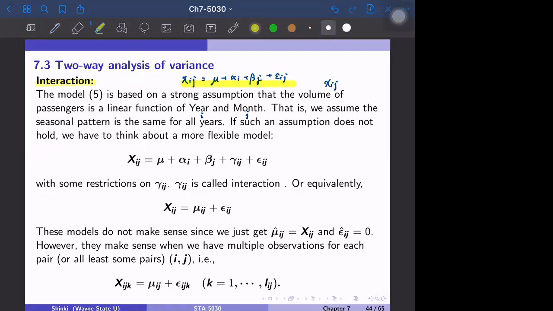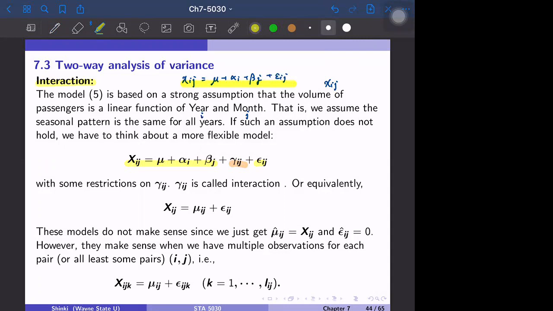So that is x_ij equals mu plus alpha_i plus beta_j plus gamma_ij plus epsilon_ij. So gamma_ij is introduced.